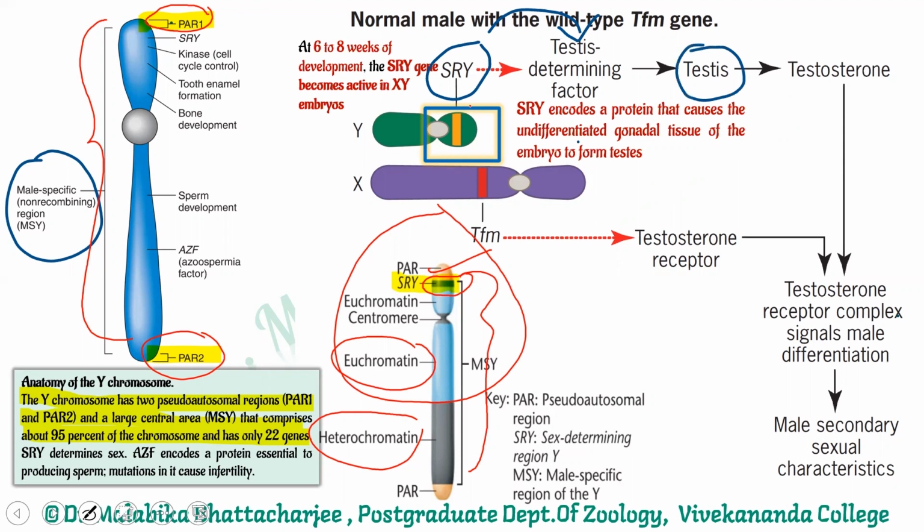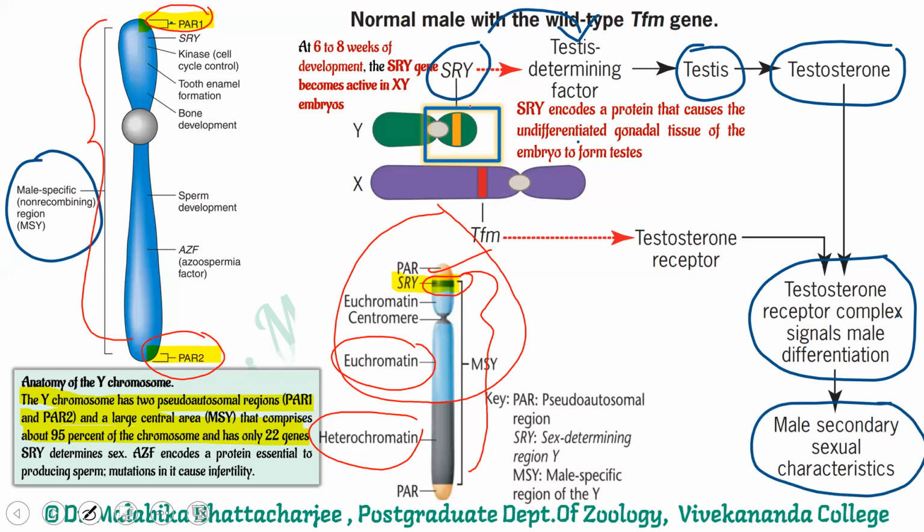So once we have the testes, there is production of testosterone. Meanwhile, testosterone receptors have also developed. The testosterone receptor complex is formed and the signaling starts, and we have the male secondary sexual characteristics. Now, another piece of information regarding the testis determining factor is that it is a transcription factor.